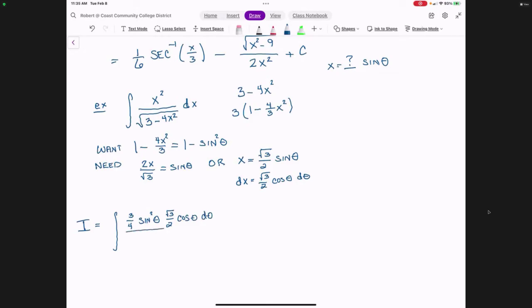And downstairs, I have 3 minus 4x squared.